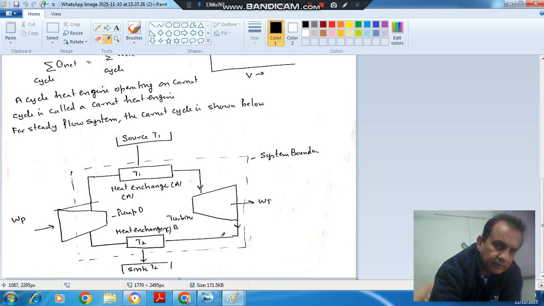Then this fluid is transferred to the second heat exchanger where it rejects heat, and then it is fed to the compressor where work WP is done on it. So this is the schematic diagram of the Carnot cycle for a steady flow process. So this is your Carnot cycle.